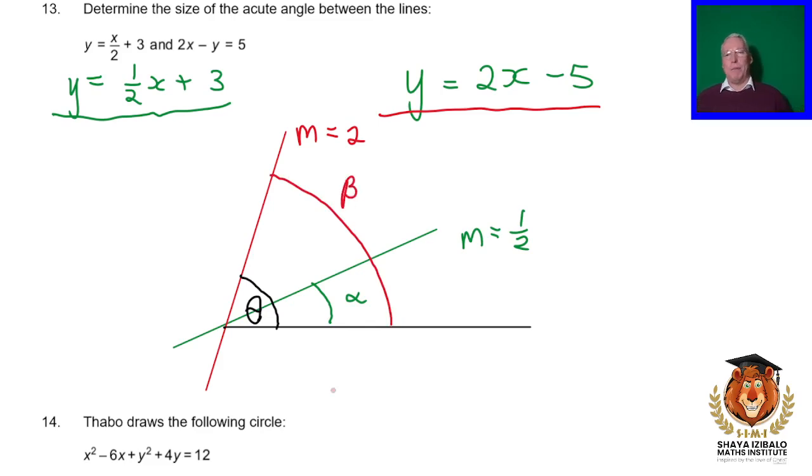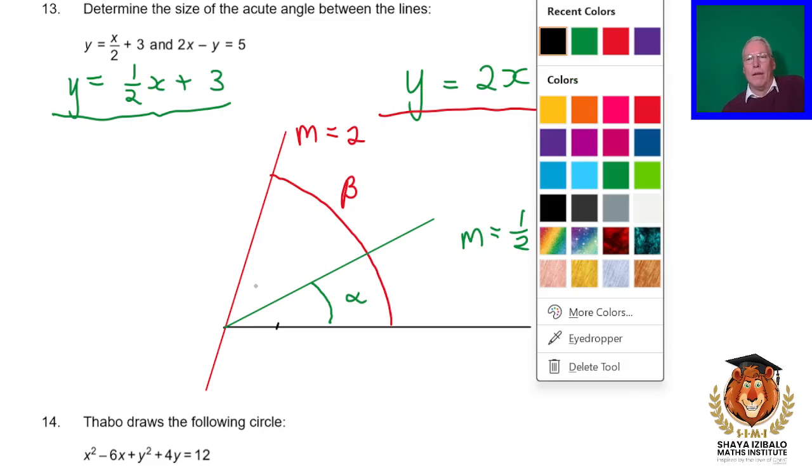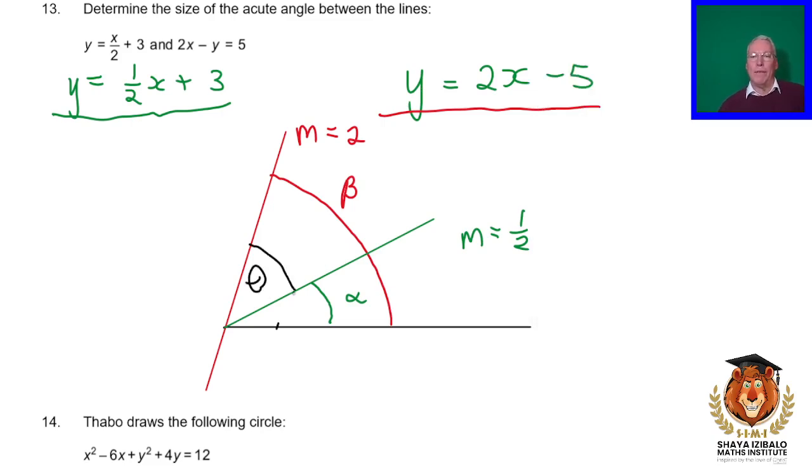Because if I can find alpha and beta, then, sorry, I'm not trying to find this angle in here at all. I'm trying to find the angle between these lines. Okay, all right, so we've now lost our line here. Okay, we are trying to find theta that's in here.